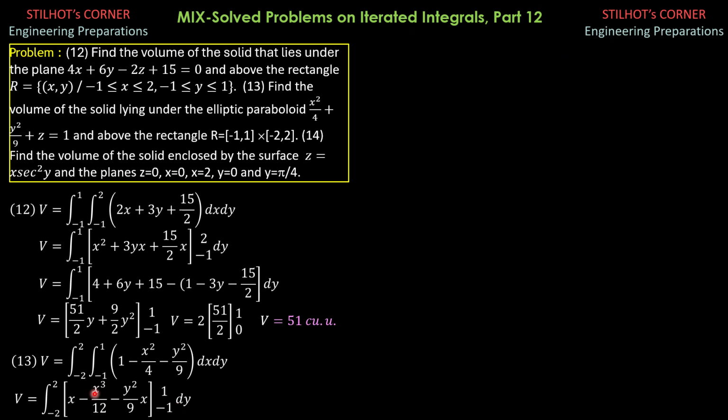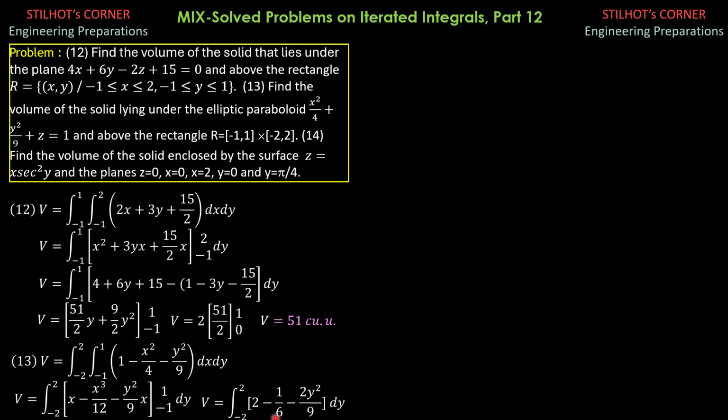This becomes 8 times 2, so 0 to 1, so this becomes minus 2 over 12, so minus 1 over 6. Then this becomes 2 over 9 y squared. So volume equals the integral from negative 2 to 2 of 2 minus 1 over 6 minus 2y squared over 9 dy.